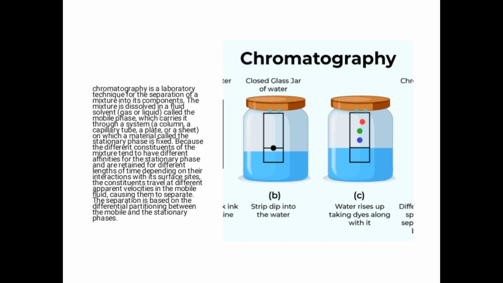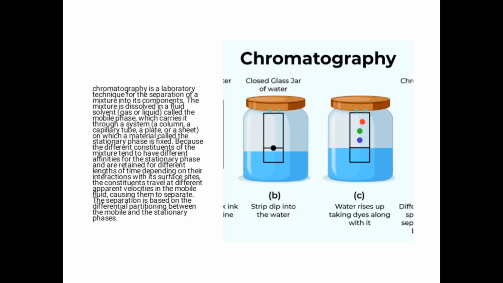If it's a sheet, you are dealing with paper chromatography, on which a material, the stationary phase, is fixed. Because the different constituents of the mixture tend to have different affinity for the stationary phase, they are retained for different lengths of time. And as such, the separation is based on different partitioning between the mobile phase and the stationary phase.